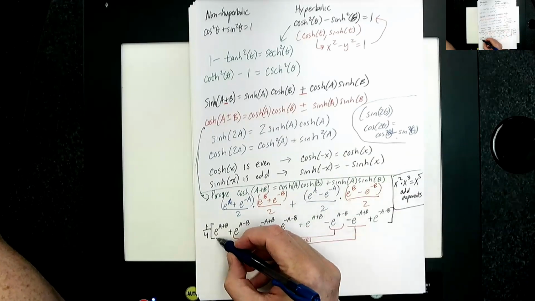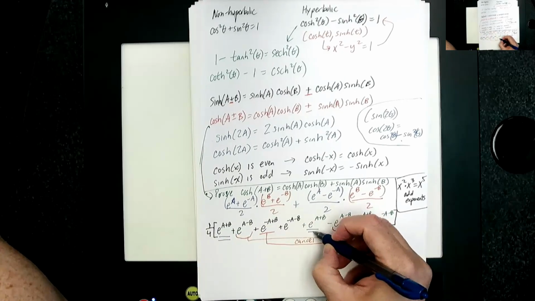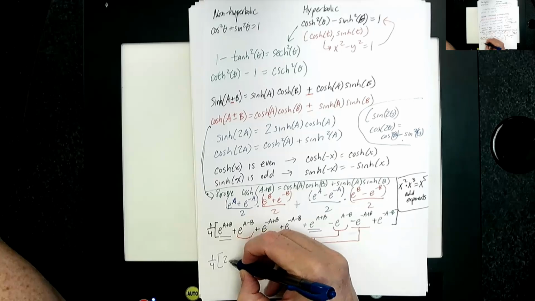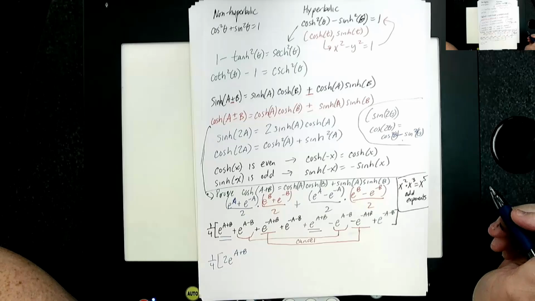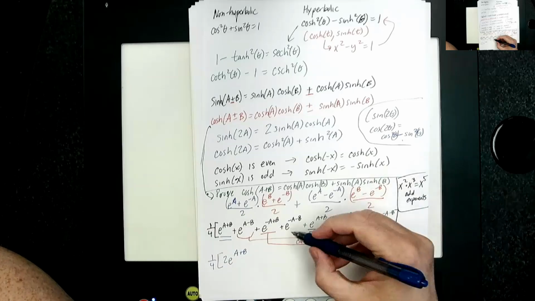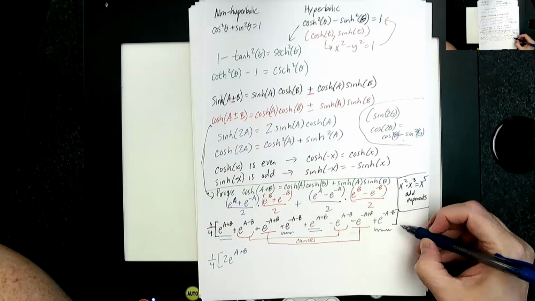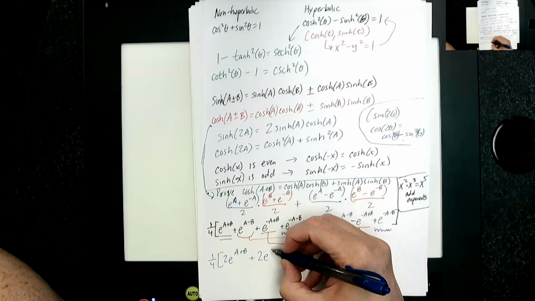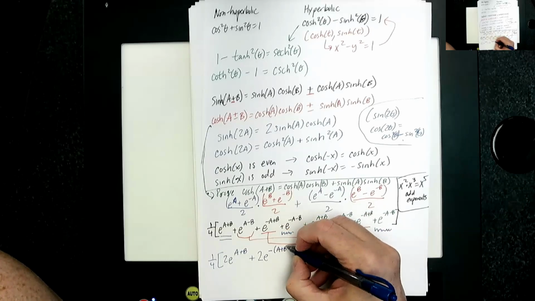And then I have e to the a plus b here and e to the a plus b here. Those add together, so I have 2e to the a plus b. I still have my 1/4 outside. And then the minus a and minus b, I have 2 of those. I'm going to factor the negative out of the exponent so it looks like this.